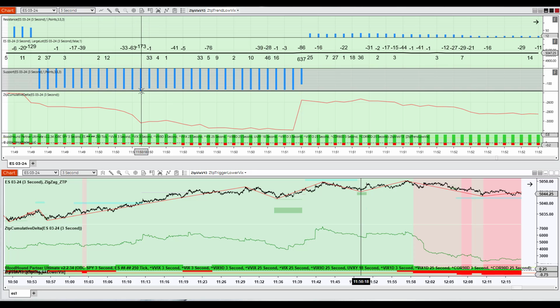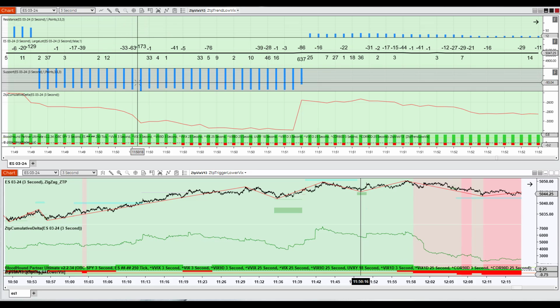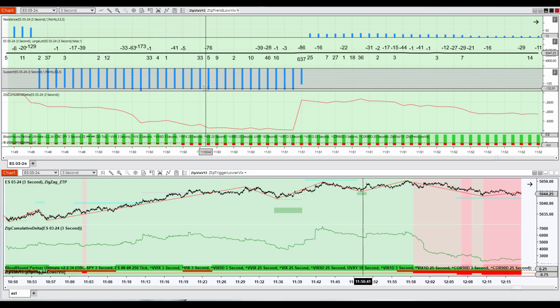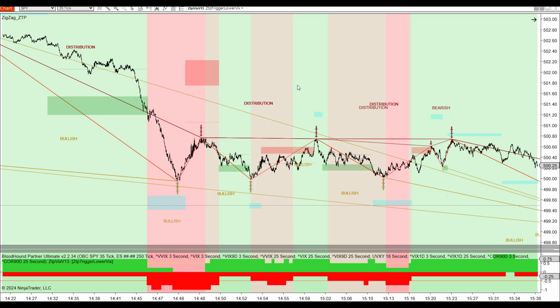So we have a full bar right here that literally had absorbed all of this selling right here, and the buyers continued to absorb the selling until we got this very large lot order right here that kicked us off into the next high.